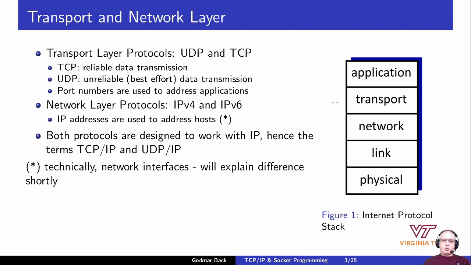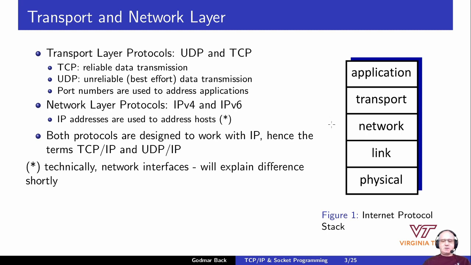Okay? And so notice that the TCP and UDP protocols are designed to be used in conjunction with IP. That's why they're often called TCP/IP or UDP/IP. And specifically, they make use of the addresses at the network layer. So they do not define their own addresses, but rather they use IP addresses.